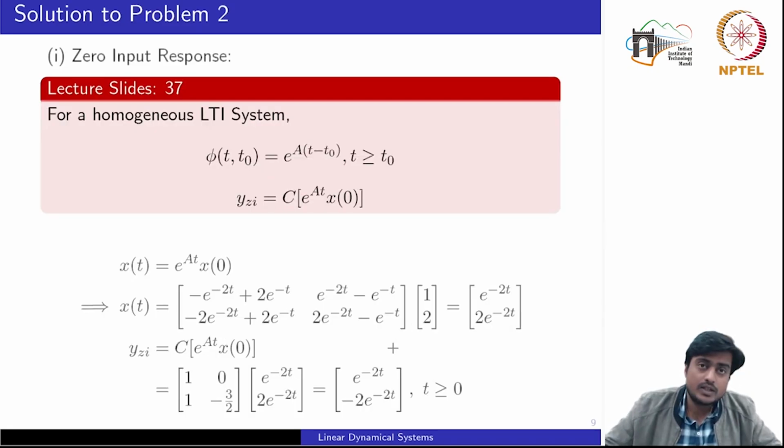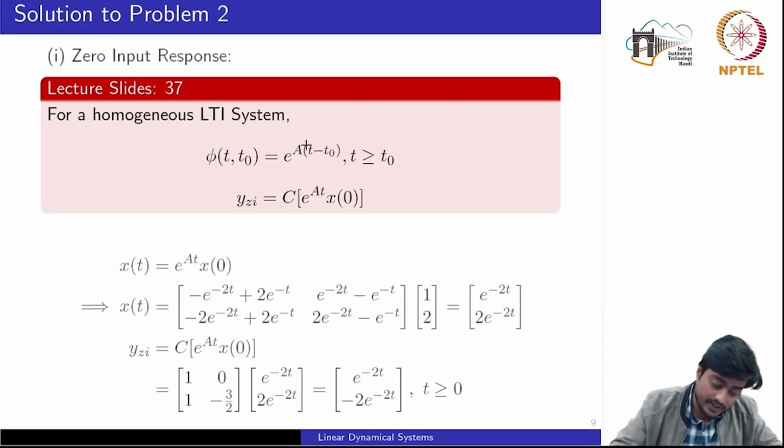If you recall from lecture slide number 37, the zero input response can be computed by computing the state transition matrix. For LTI systems, the state transition matrix is nothing but an exponential matrix defined by e to the power A(t minus t naught), where t naught is the initial time, but here we have taken t naught as 0. So we are concerned only with e to the power At.